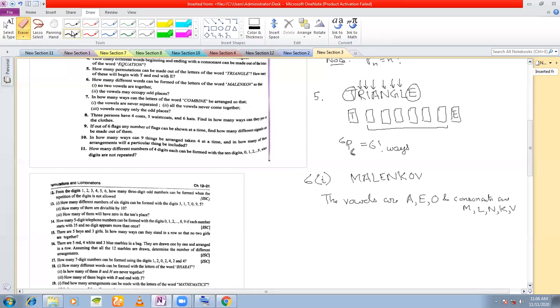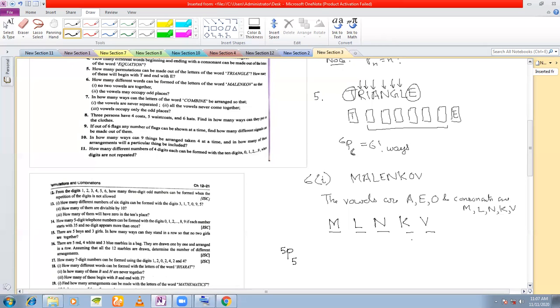Suppose I arrange the consonants first. In how many ways can these consonants be arranged in these 5 places? This can be done in 5P5 ways, right? The consonants in the 5 places can be arranged among themselves in 5P5 ways.